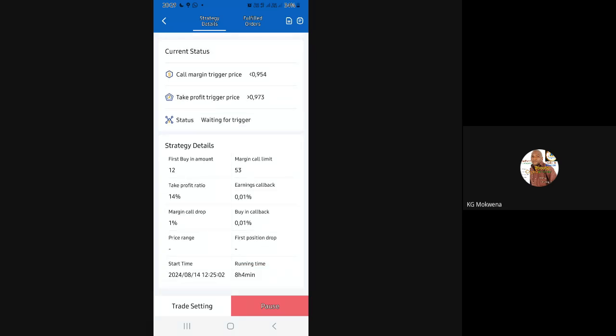Now below strategy details, we have first buying amounts, budget call limits, the 53 that I spoke of appears there. And then you can also see that take profit ratio is 14%. At the moment, the market is floating with minus 3%.